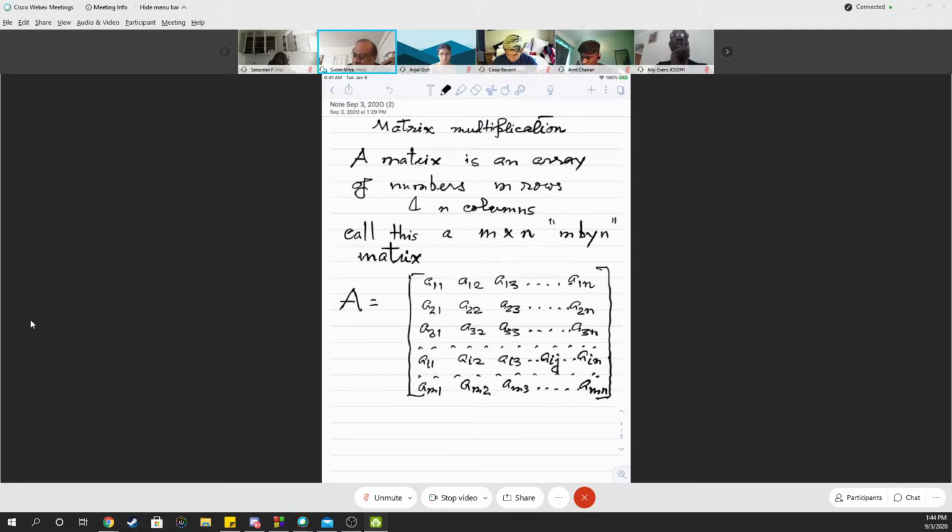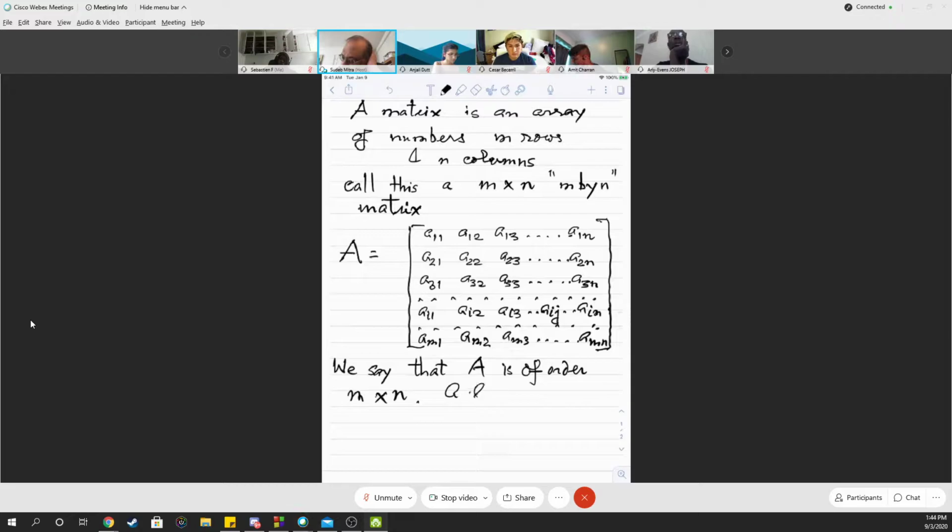So we say that A is of order m by n. We write m times n, but we always say of order m by n. So a typical element is Aij.